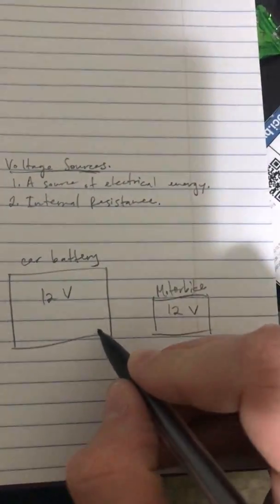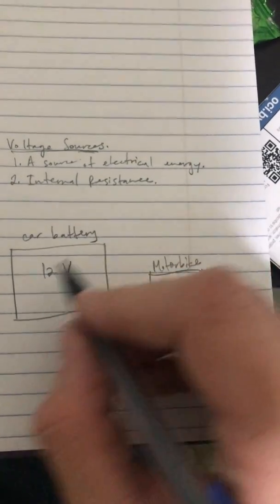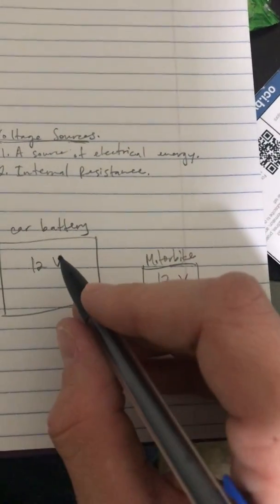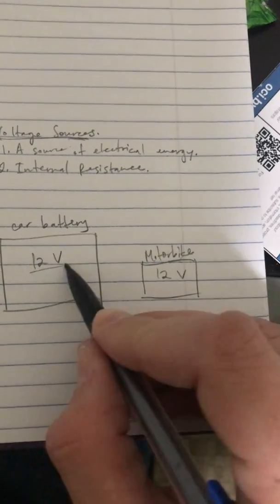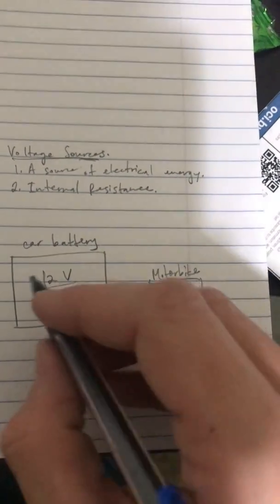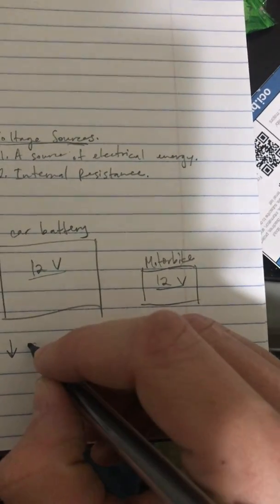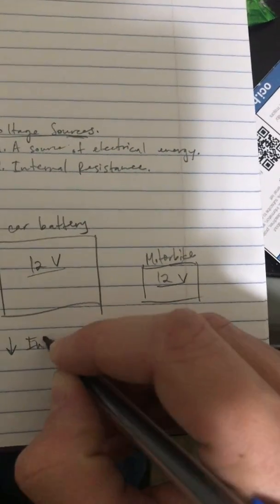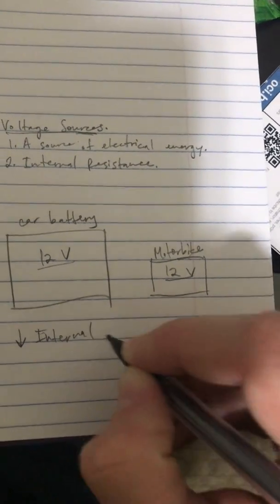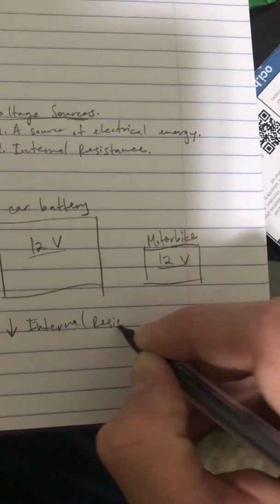So it's going to be important to know that in bigger car batteries, or in bigger batteries in general, even if they have the same amount of voltage, this car battery is going to have a lower internal resistance.